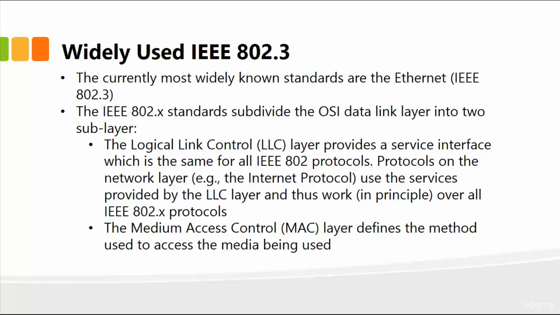For example, protocols on the network layer such as IP use the services provided by the LLC layer, and thus in principle it works across all the IEEE 802.x protocols. The second layer is the medium access control, or the MAC layer, and this defines the method used to access the media being used.